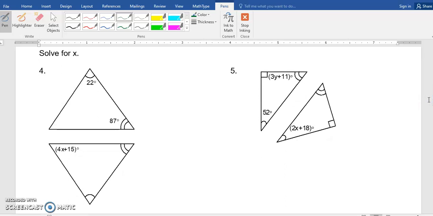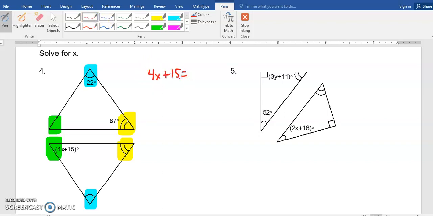Okay, so just some more. You've got to pay attention to what's congruent here. Be careful because these two are congruent by the markings, and those two are congruent, but the one with the algebra in it is this one. So that's got to be congruent to this one by the third angles theorem. How big is that? What do we set 4x plus 15 equal to?